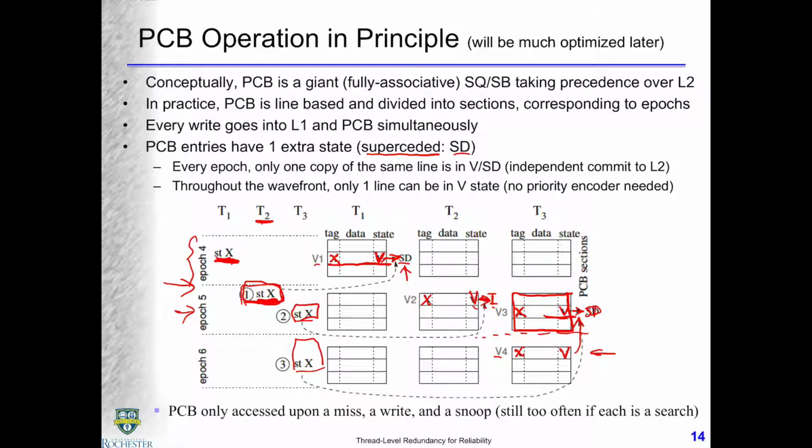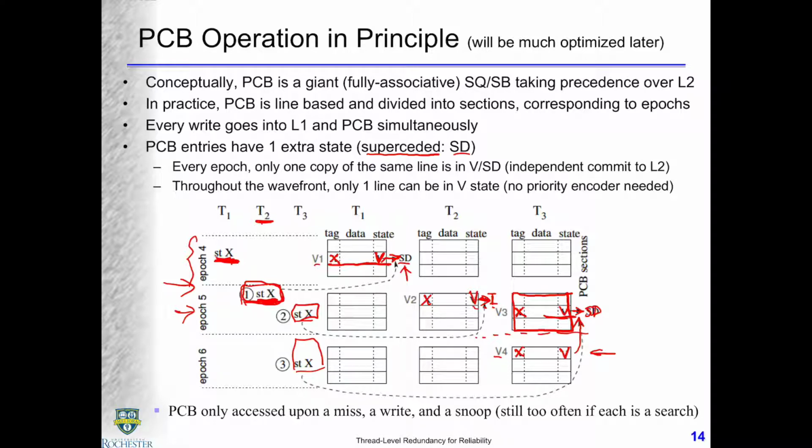If we go through this, coherence is fine, because when we need to do invalidation, we did it. And as far as coherence is concerned, if you have a miss from any cache line, you have to search all PCBs. Okay? Just like when you have a miss, you need to know who has the data.